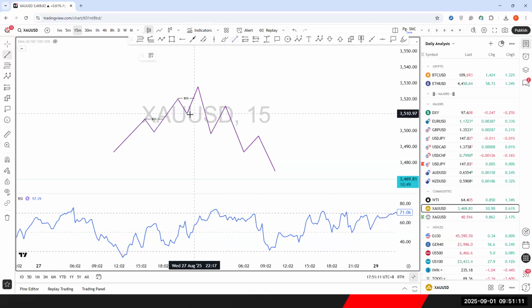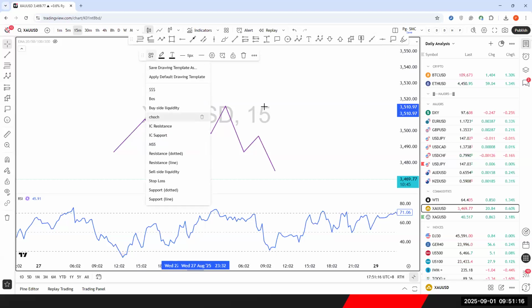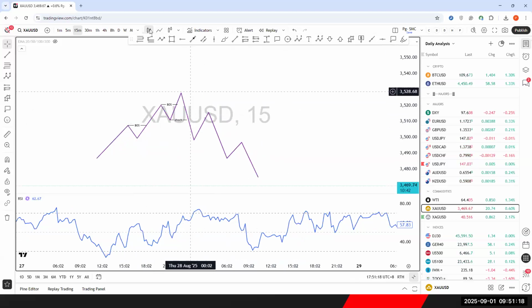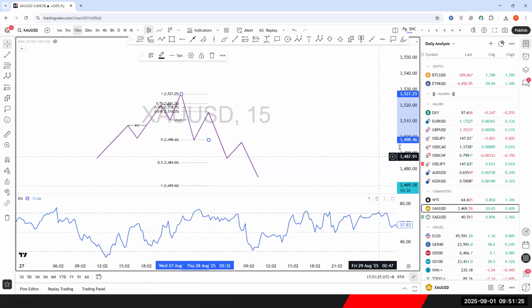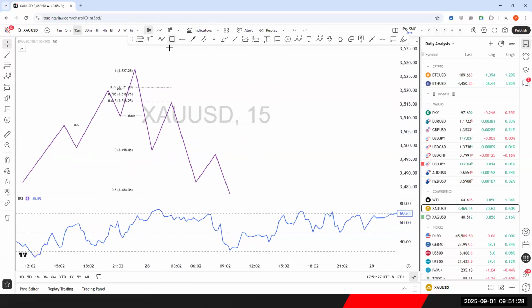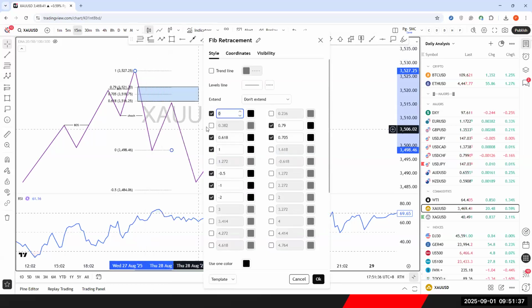After that, whenever price falls and breaks below the previous low, we're going to say that is your change of character. So for the OTE, optimal trade entry, you're going to wait for price to pull back at least to 61.8. Sometimes you could add in 50% if there is a zone, like there is an OB somewhere close to the 50% fib.